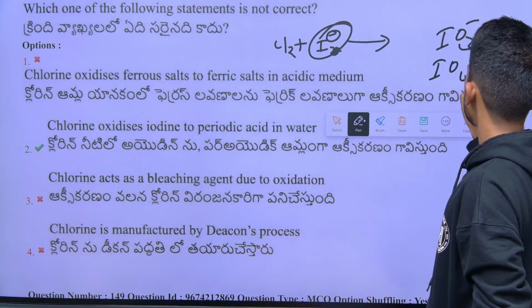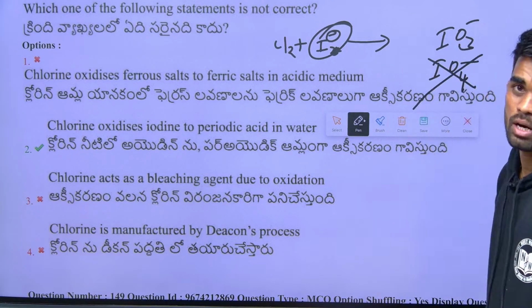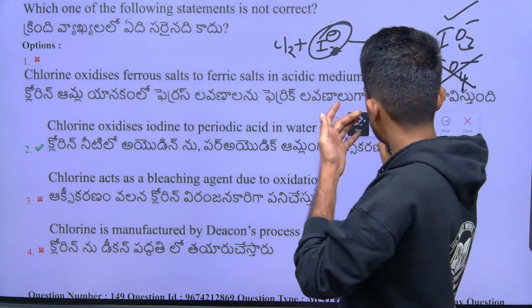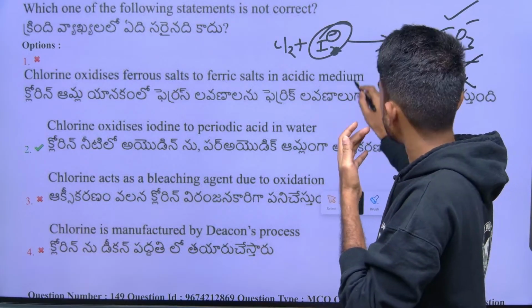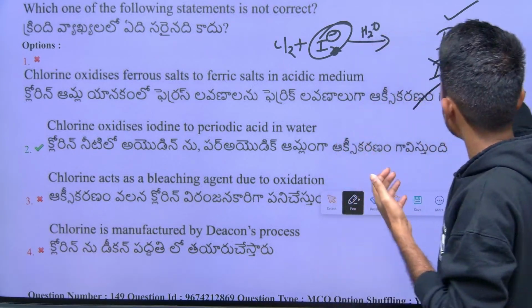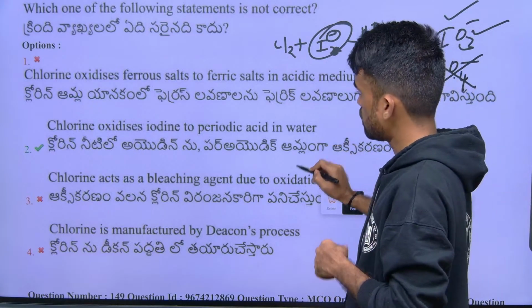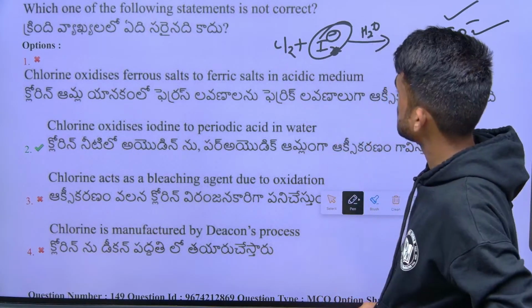This is HIO4, so it will not go up to here, it will go up to here only. So in water, up to here it will be oxidized, but not here. This one is what they are asking, which of the following is not correct.